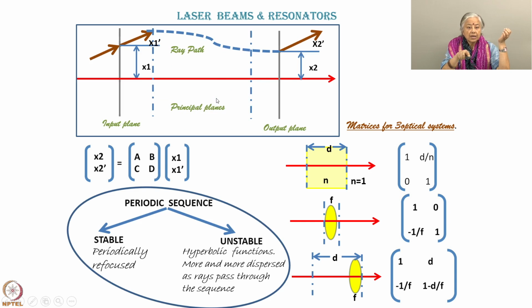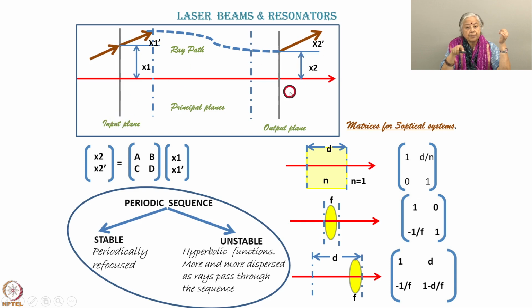Okay. So, I have this coming in here, and this is the axis along which this ray is passing. So, now what I have as an input parameter is x1, that means the distance from this axis to this point where the ray has entered in the input plane.